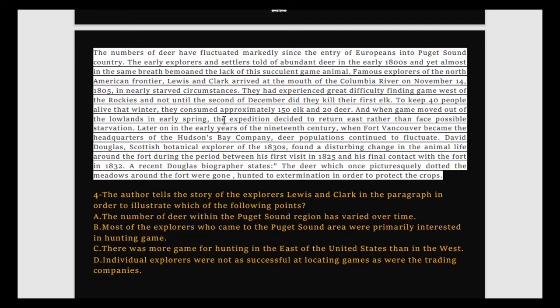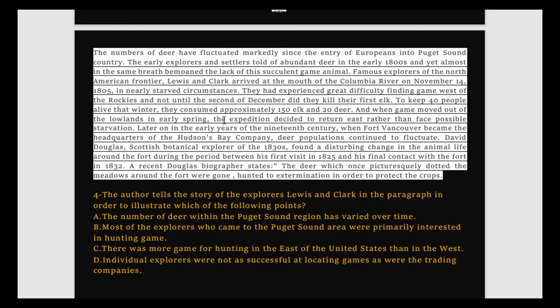So now, let's evaluate this answer. Most of the explorers who came to the Puget Sound area were primarily interested in hunting game. This is an incorrect answer because in the text the interest in the game wasn't mentioned. We haven't read anything about an interest in hunting.